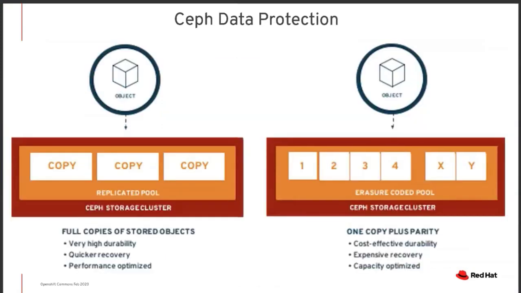The data is also protected. We can do this in two ways. We can do it with a replication count of 3. That means that every object is written 3 times on different locations, and the CRUSH algorithm defines where those locations are. And there's also another way, that's erasure coding. This is something that we do not yet support inside OCS.